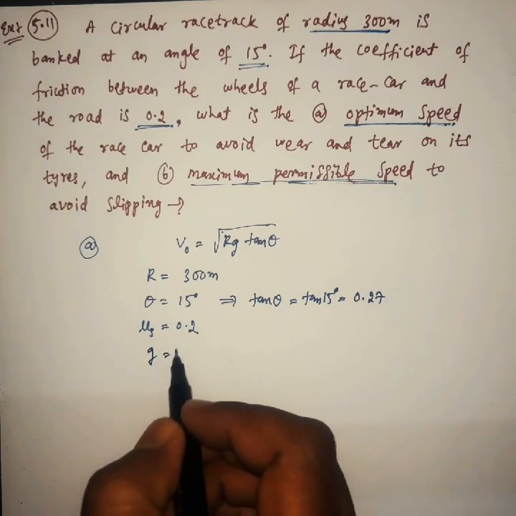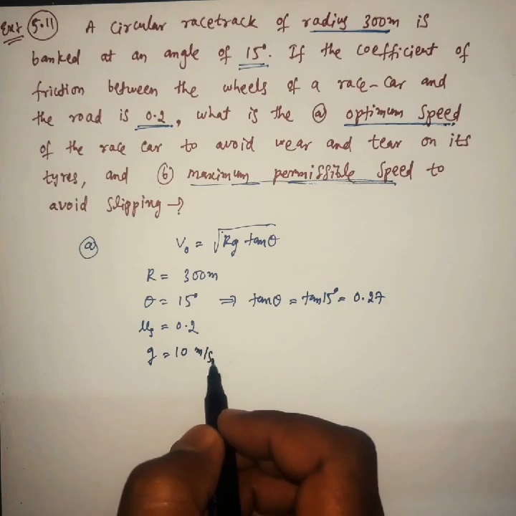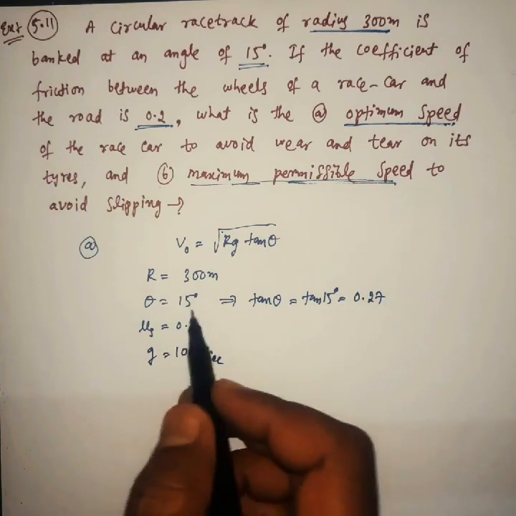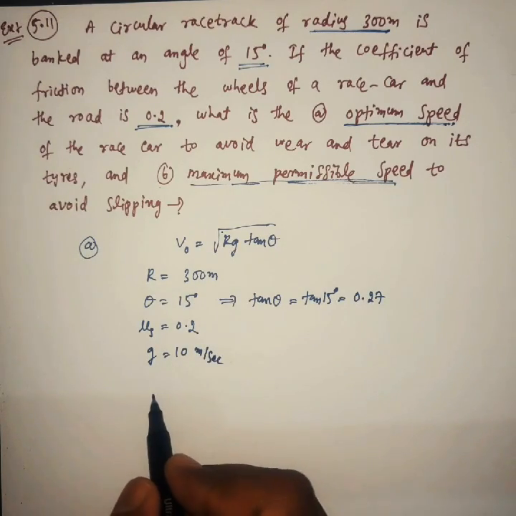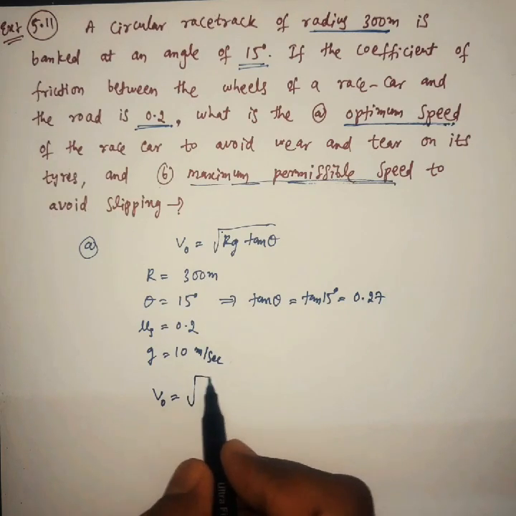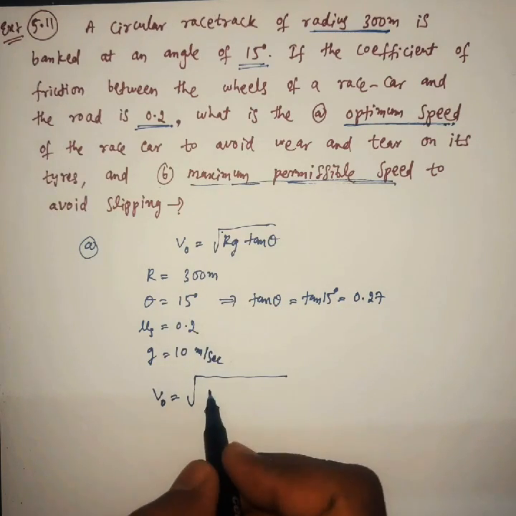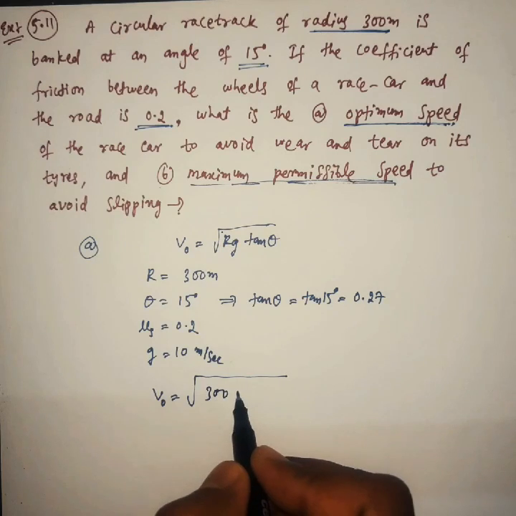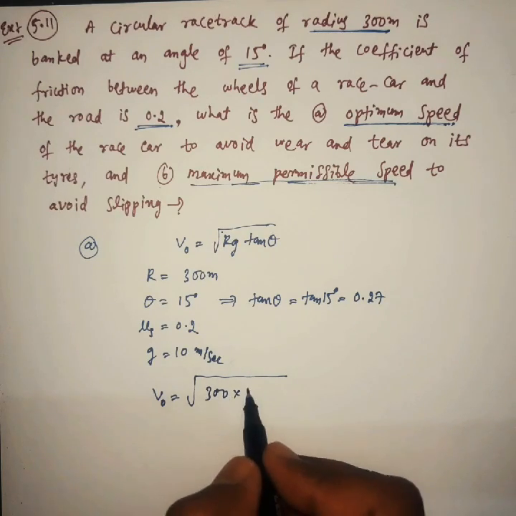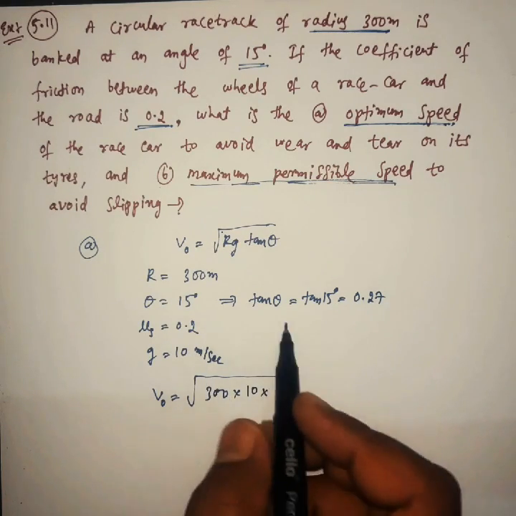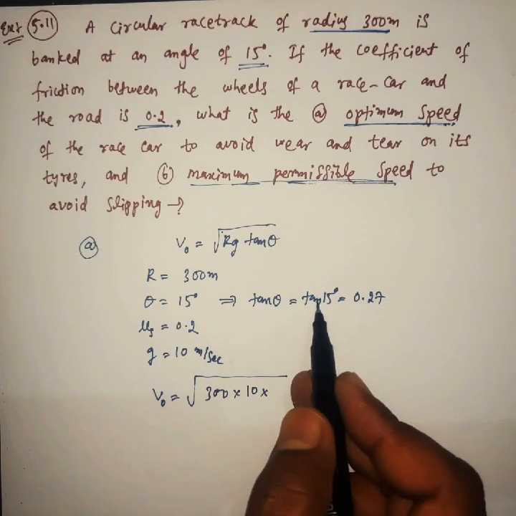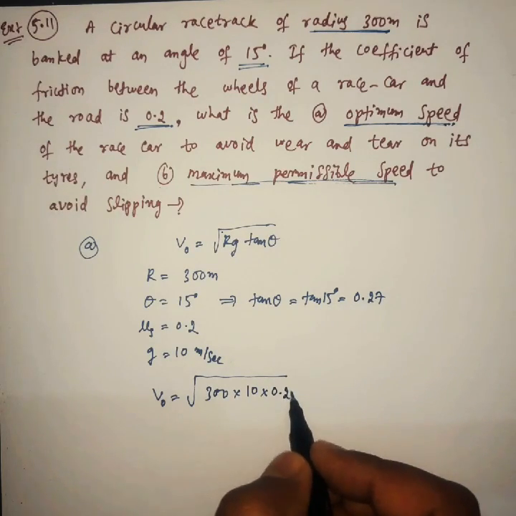Take g as 10 meter per second square. So V naught is equal to the square root of R equal to 300 into g equal to 10 into tan 15 degrees equal to 0.27.